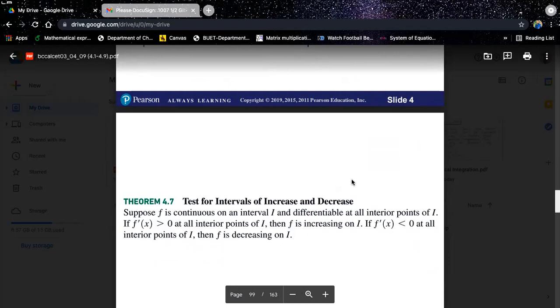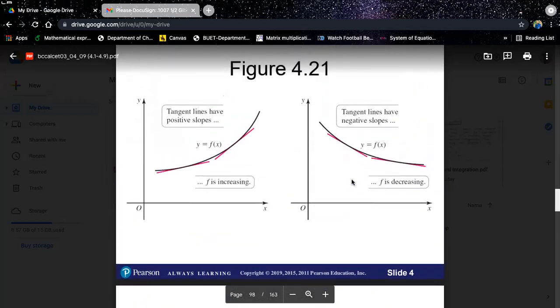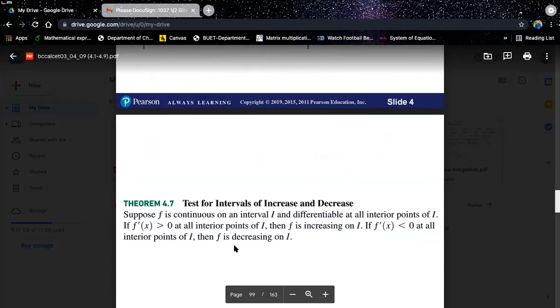And if the first derivative is less than 0, I should say negative, at any point on that interval, then we say the function is decreasing. This is just what we have seen here. Okay, and this is the algebraic approach for it.